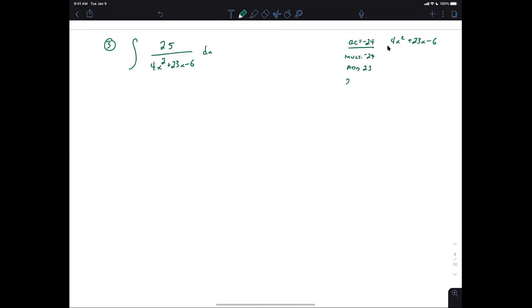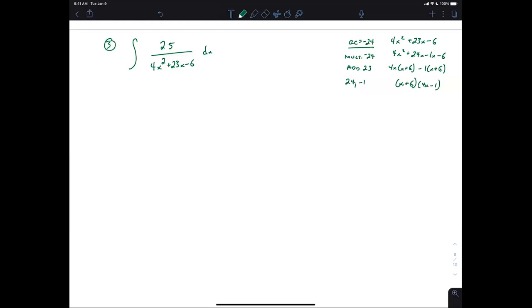And so that's positive 24 and -1. You use those to split the middle term. And now you factor by grouping. So you get x plus 6, 4x minus 1. Or however you learn to factor is fine, but you should get it to x plus 6 times 4x minus 1.